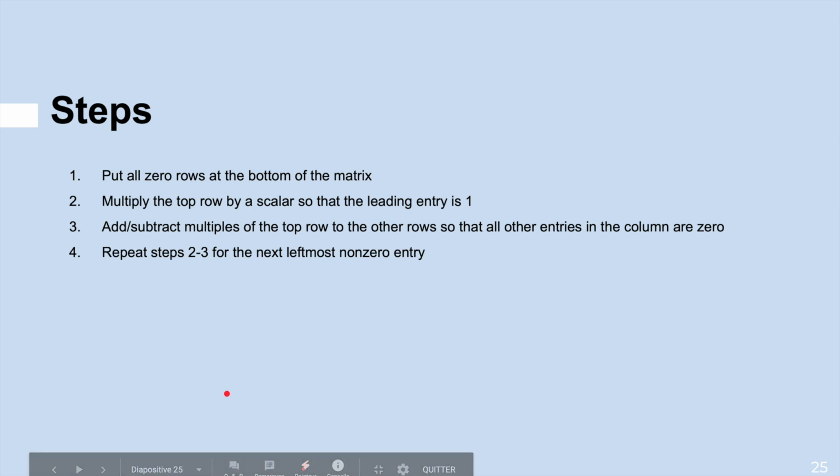Now how do we do this? Well, for this one, we're going to go step by step. Step number 1 is to put all 0 rows at the bottom of the matrix. We just swap the rows. We've learned how to do that. That's pretty simple. Step number 2, we are going to multiply the top row by a scalar so that the leading entry is 1.